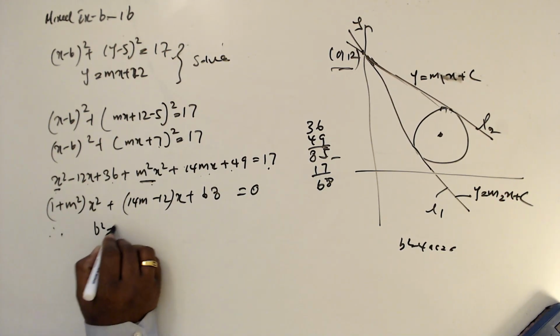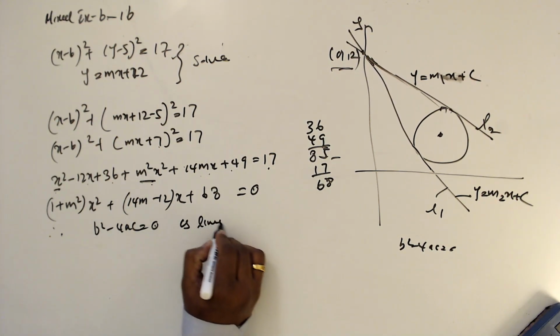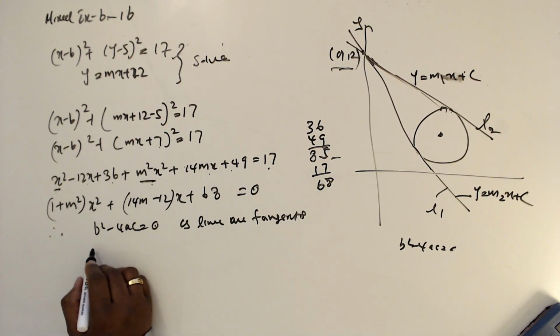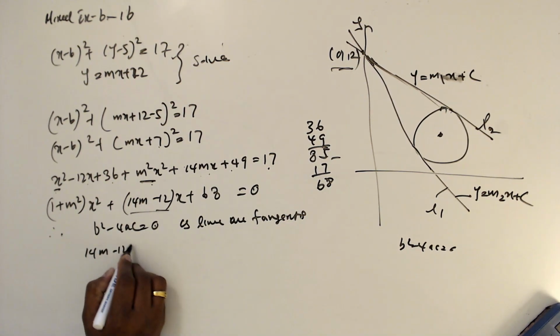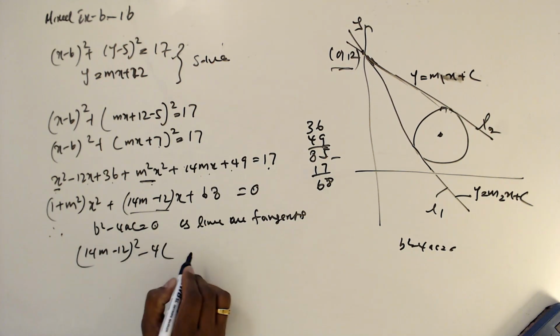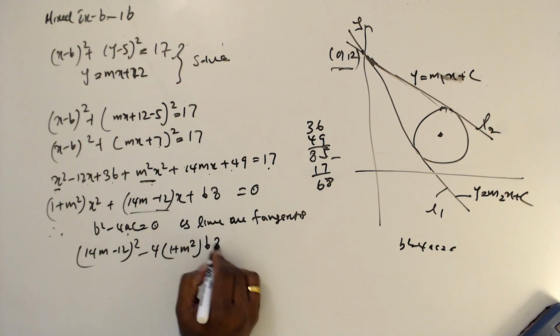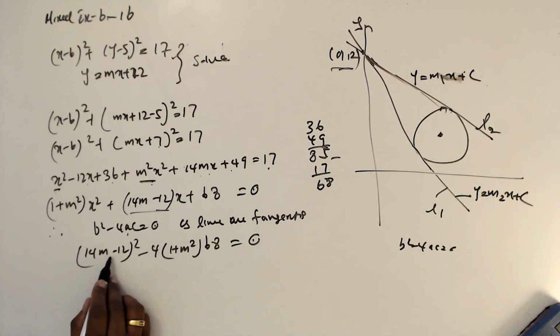Now b square minus 4ac has to be 0 as the line is tangent. What is b? This is 14m minus 12 square, minus 4 times a, which is 1 plus m square, and c is 68, equals 0.